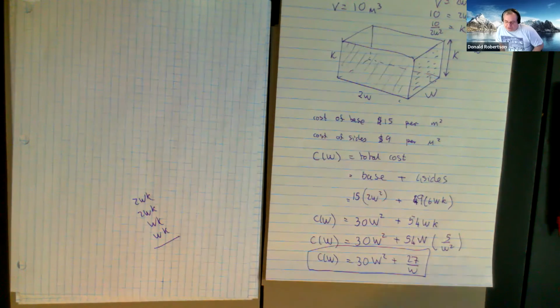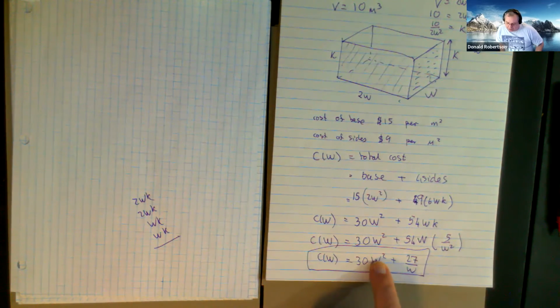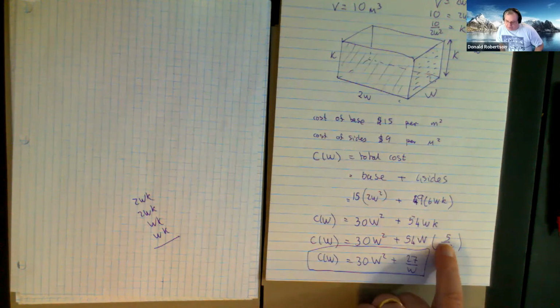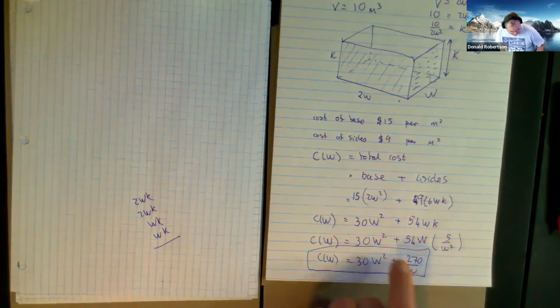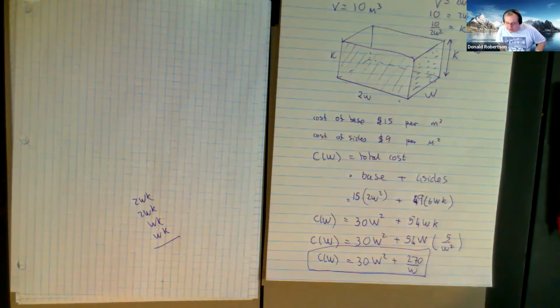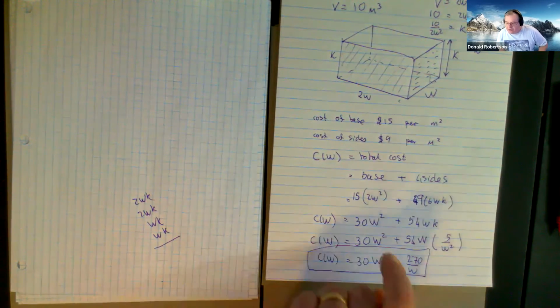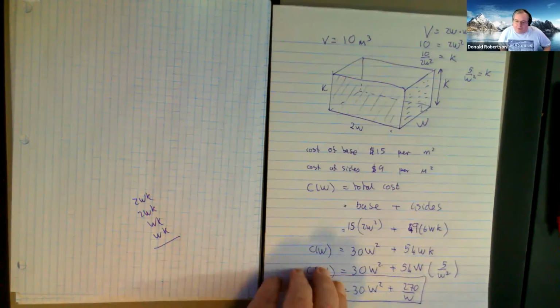Can you see in this question that it ends up being 30W squared plus, that's 54, so it's 270 over W, right? You differentiate that guy and find out when he's 0, and that's you've got the box.